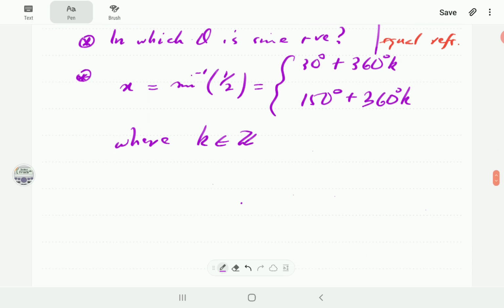All right, so let's go to part 2. In part 2, we want a solution in this interval. Just before we go to part 2, got to write these in radians. Okay, so let's just write those in radians.